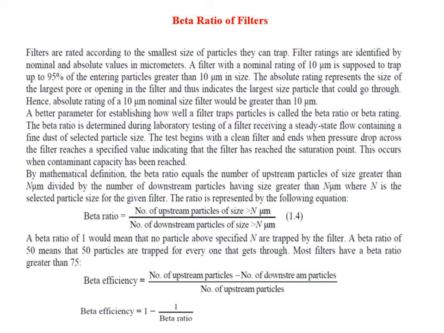This ratio is probabilistic in nature. Beta efficiency is the number of upstream particles minus the number of downstream particles, divided by the number of upstream particles. This indicates how efficient the filter is. Beta efficiency can also be calculated as 1 minus 1 upon the beta ratio.